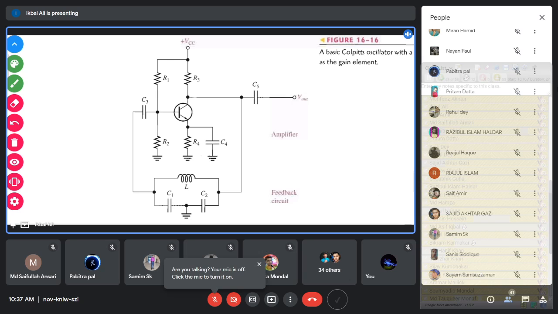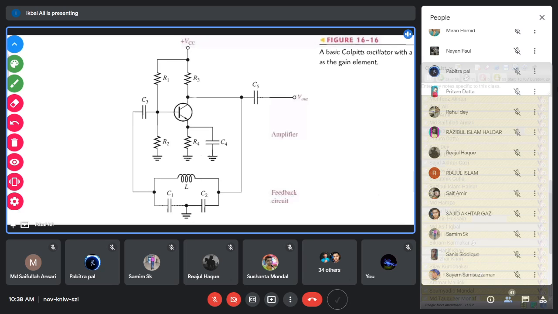That FM is 100 megahertz or 193.8 or whatever the frequencies are, and that can be generated by this type of circuit. This Colpitts oscillator can generate that frequency. So usually a Colpitts oscillator can be used for FM generation, or higher frequencies than that. Up to 1 gigahertz, 2 gigahertz, you can generate with the help of the Colpitts oscillator circuit.